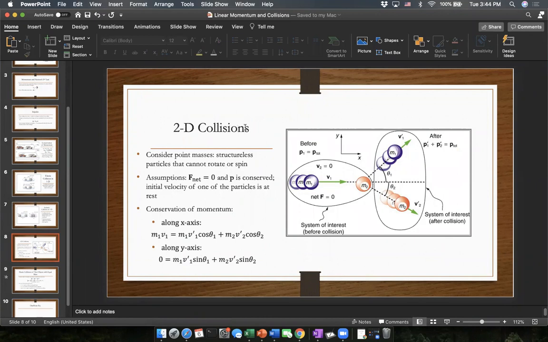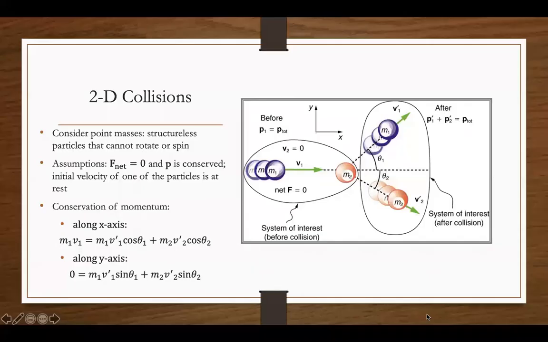Let me put it full screen. This is exactly what we have: some mass with some initial velocity that hits another mass that has no initial velocity, and then they go off at some respective angles. This is what we are going to follow.